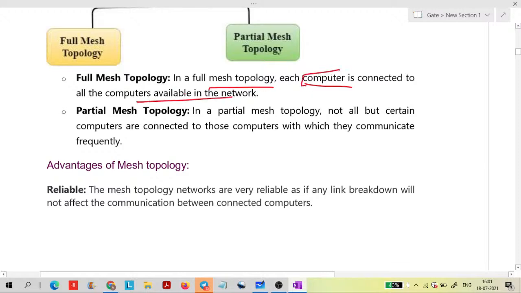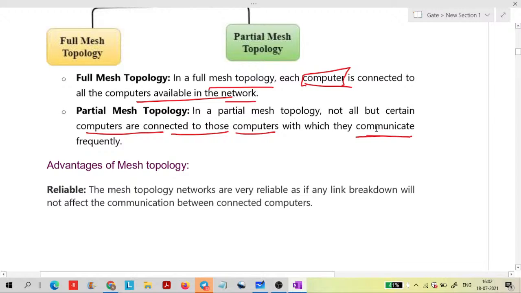In partial mesh topology, not all but certain computers are connected, to those computers with which they communicate frequently.